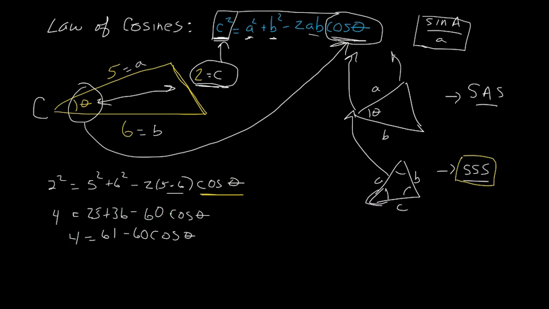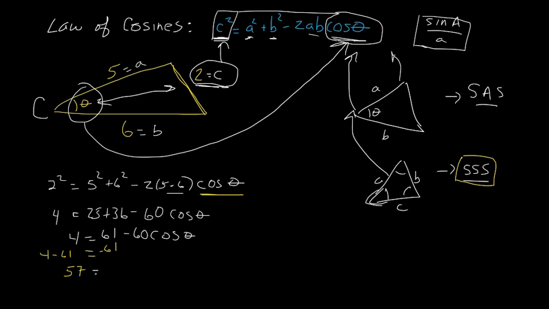So now we subtract 61 from both sides. So we'd have 4 minus 61. That will end up being 57.